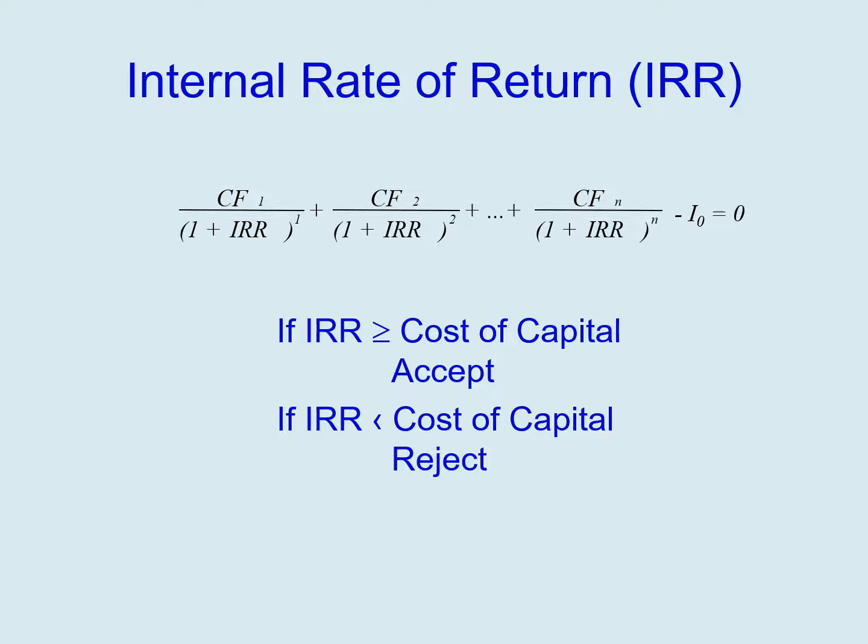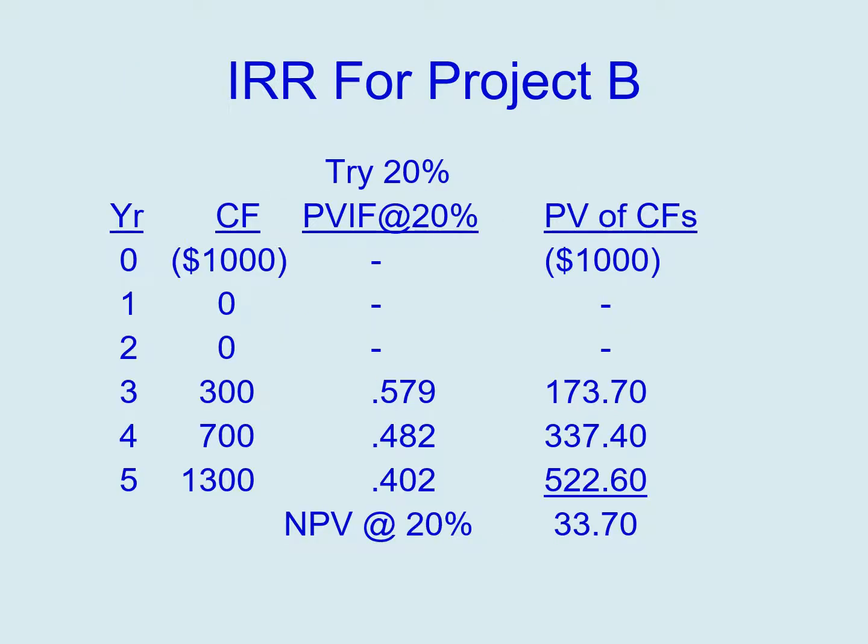All right, so this time we'll go through Project B, and I'll show you the trial and error approach. Again, just so you can see what goes on behind the Excel spreadsheet, because in Excel there is an internal rate of return function that we can use, but this will help us know what's going on. Okay, so Project B, there you see my cash flows.